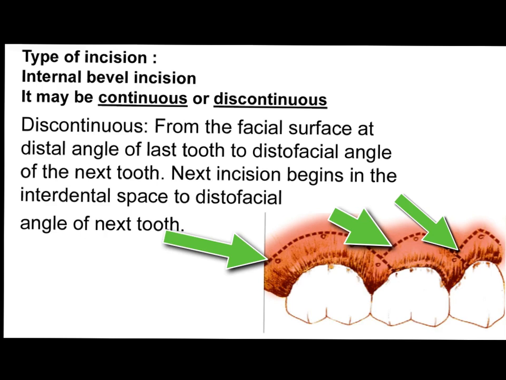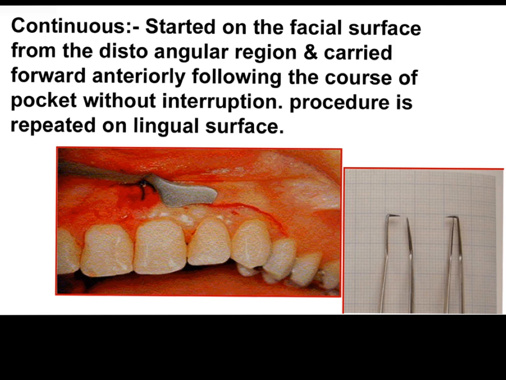While in case of the continuous one, we start on the facial surface of the distoangular region, like for example from here.